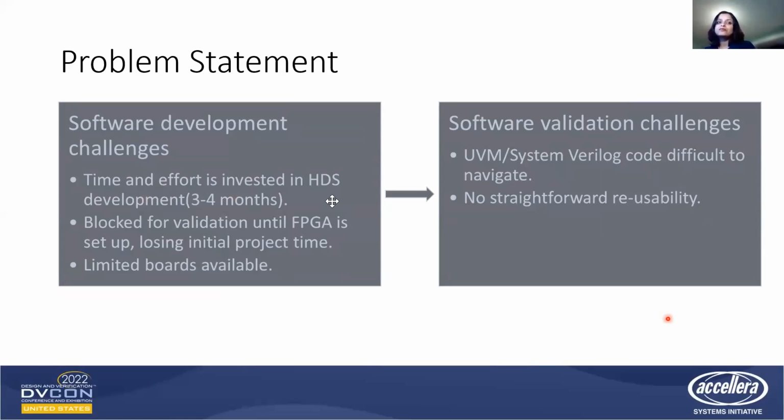So that means we lose on initial project development time. With the FPGA, hardware accelerators, and silicon, limited boards are available. So the software team has to make judicious use of these resources. As for the validation challenges, the UVM and SystemVerilog code is difficult to navigate for a software person and debug too. Besides, it does not offer a straightforward reusability to the software teams.